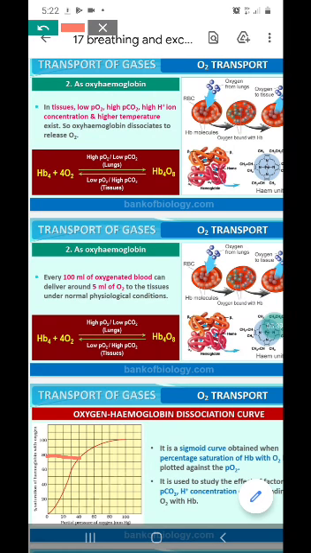At 40 partial pressure of oxygen, the blood gets 80% saturated with oxygen. So this curve is also called the hemoglobin dissociation curve or oxygen dissociation curve, because it shows at which point the oxygen dissociates from the blood, or at what point the oxygen combines with the hemoglobin of the blood. Okay.